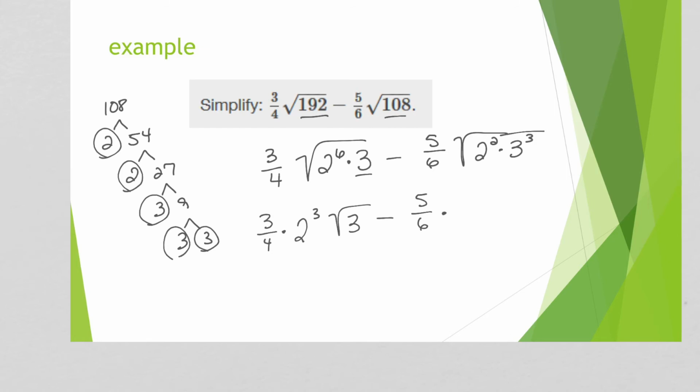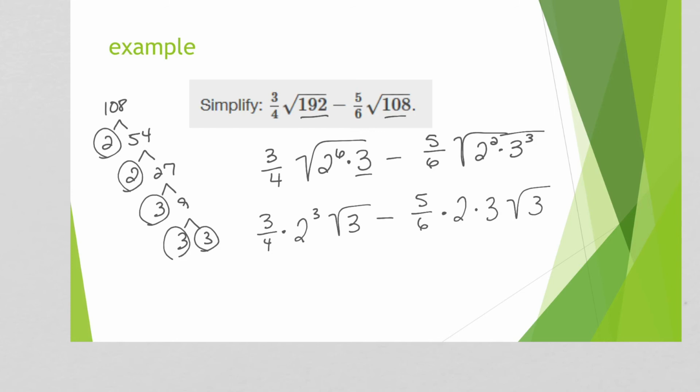And now I can take the square root of 2 squared, which is 2. I can take the square root of 3 to the 3rd power, but that's 3 square roots of 3. Remember, I've taken 2 of them out, but I have 1 left over underneath the radical.